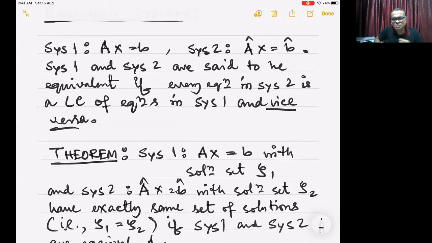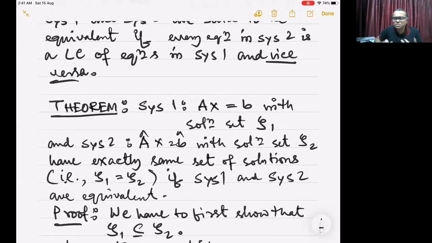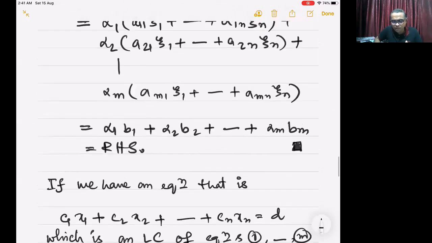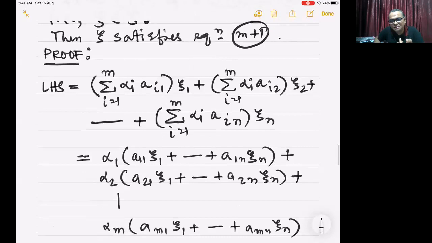Technical, too much computation is required, but it's not profound. It does not say something really earth-shattering. Unlike, for example, this theorem, which says such an interesting and profound statement: equivalent systems have the same solution set. But this observation is only for a particular equation, and then taking one linear combination.